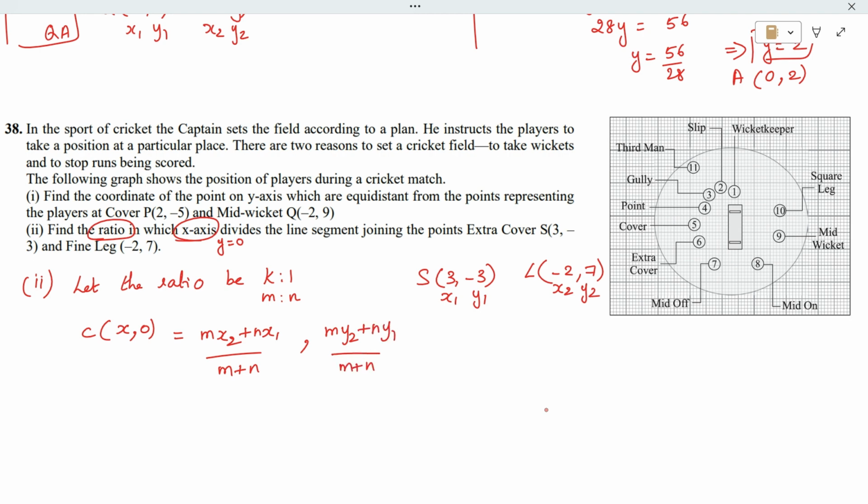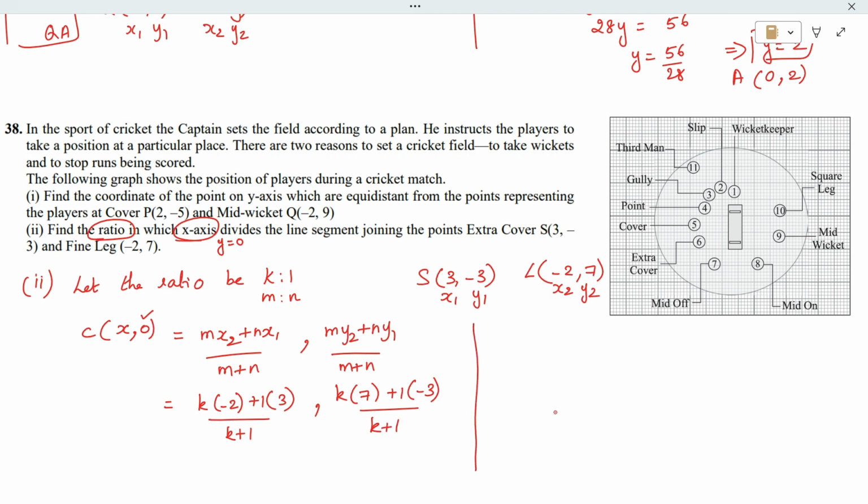So substitute here. Since y is 0, I can equate the y coordinate to 0 so that I will get the answer of the required ratio. So substituting m as k, x2 is minus 2, n is 1, x1 is 3, by k plus 1, comma, m is k, y2 is 7, n is 1, y1 is minus 3, by k plus 1.